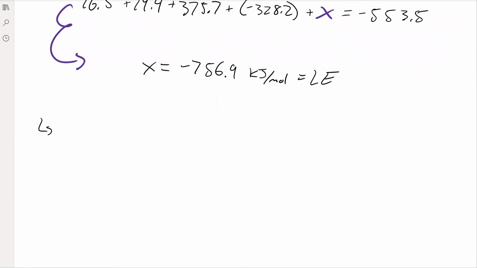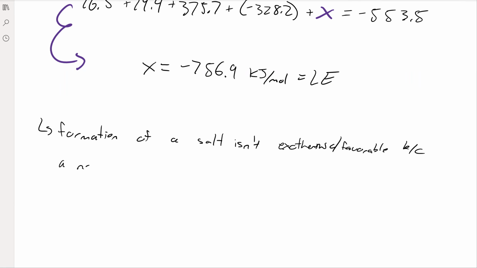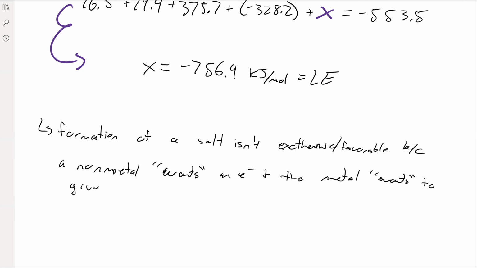And so the end conclusion of the Born-Haber cycle is that the formation of a salt isn't exothermic and favorable because a nonmetal wants an electron and the metal wants to give up an electron. Right? That's not why salts form.